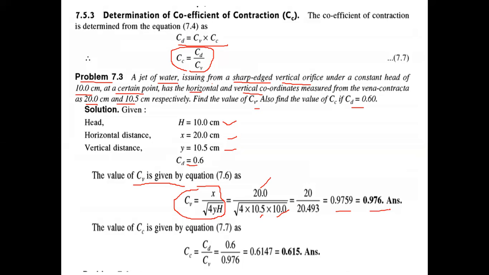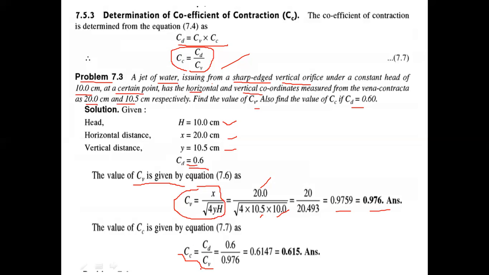From equation 7.7, the coefficient of contraction CC is equal to CD by CV. CD is given as 0.6 in the question, divided by CV.